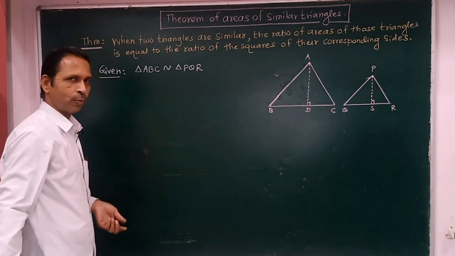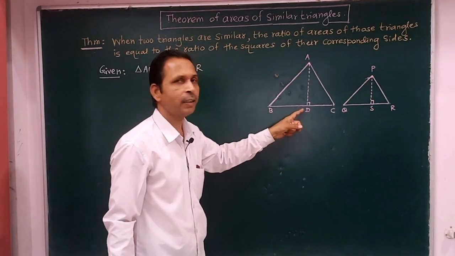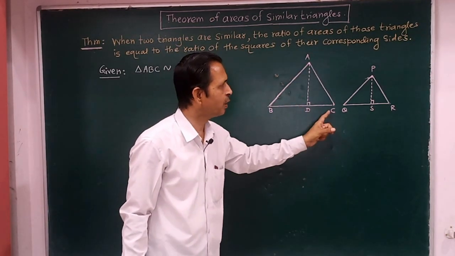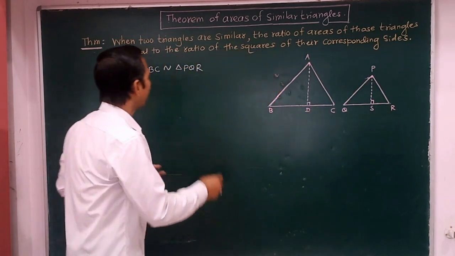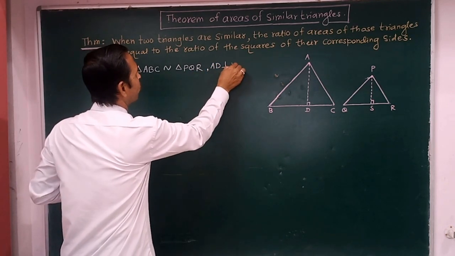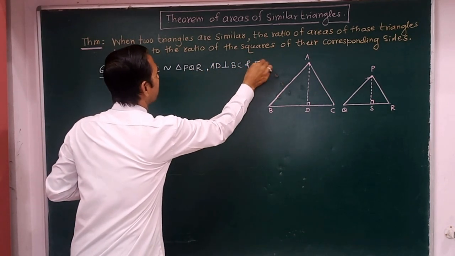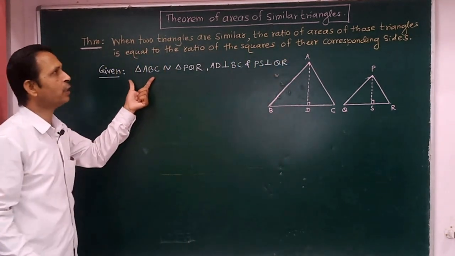This is given to you. And again we draw one of the heights, that is AD perpendicular to BC and PS perpendicular to QR. Write this statement again: AD is perpendicular to BC and PS is perpendicular to QR. Now this is our given.